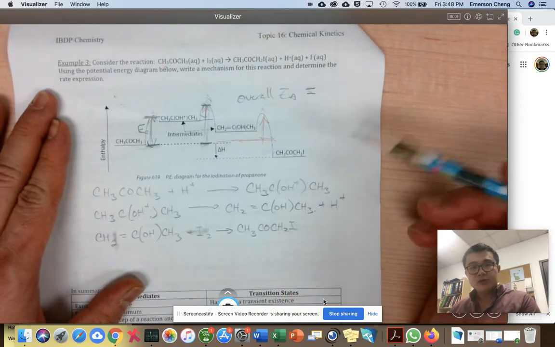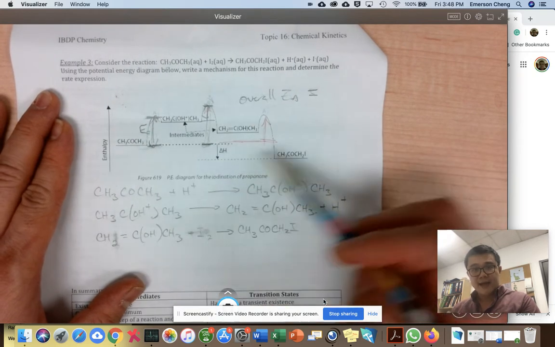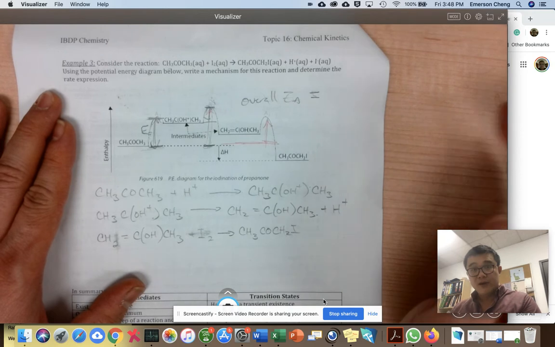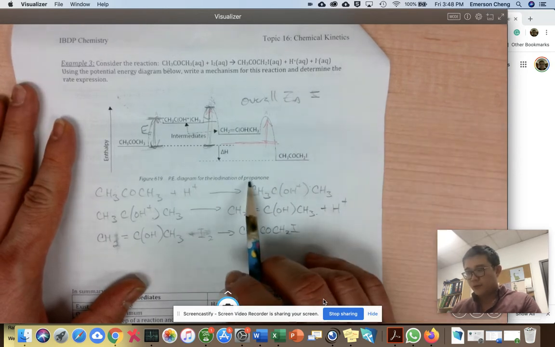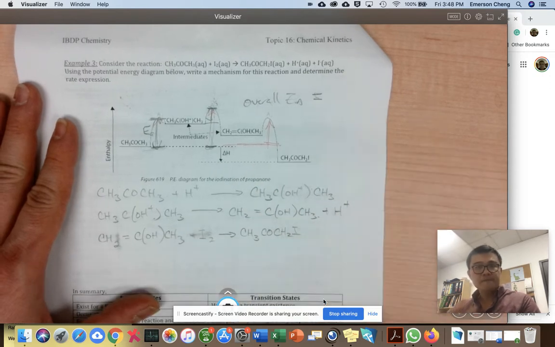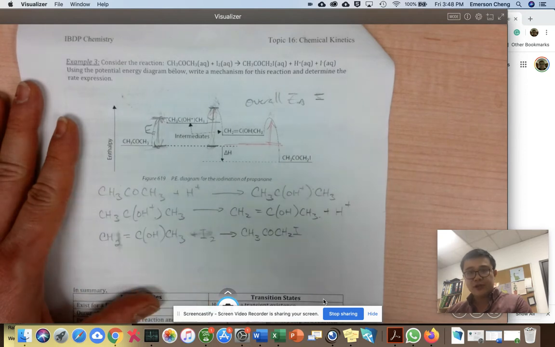Now, I'm doing this solution based on this diagram and based on the material at hand. If you look up the iodization of propanol, also known in North America as acetone, this is a very well studied question, and there are a lot of proposals.